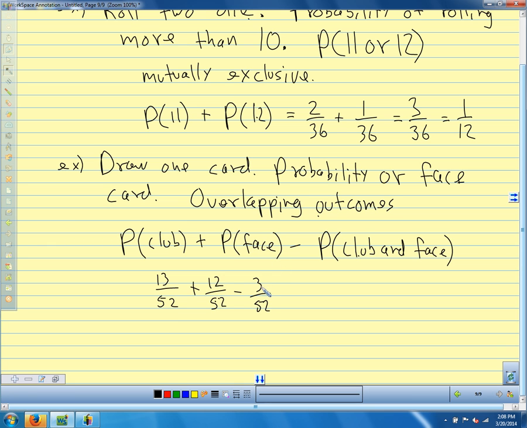So we have a King, Queen, and Jack of clubs. So we combine those together. 13 plus 12 minus 3 is 22 out of 52. And we can reduce that to 11 out of 26. So we have an 11 in 26 chance of drawing a club or a face card. Questions there?